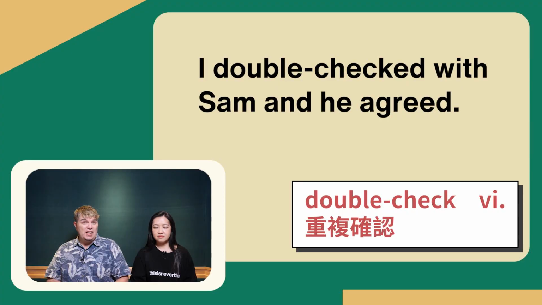I double-checked with Sam, and he agreed. So I guess Sam must be her classmate. It must be. Yeah. 对。 So I double-checked. Now, double-check, when you check something, would you say that in Chinese? I need to check this. 我要检查或者要确认。 Yeah.